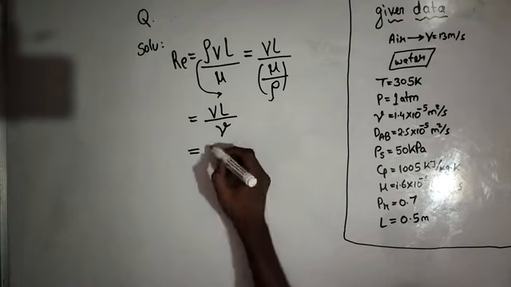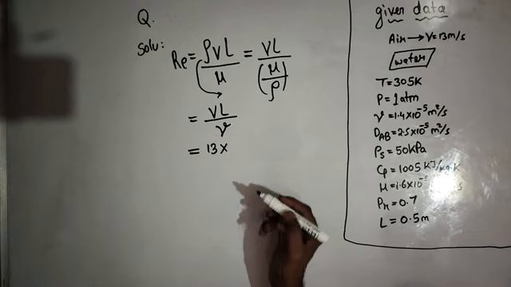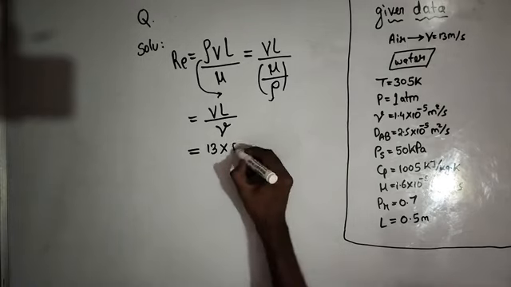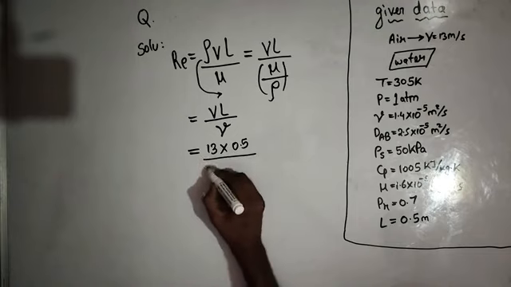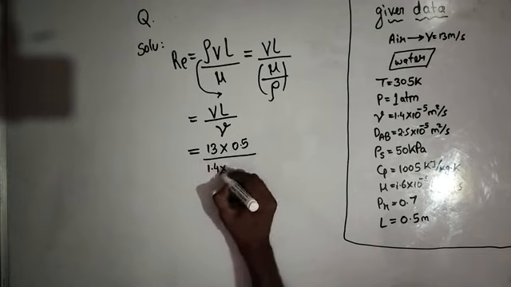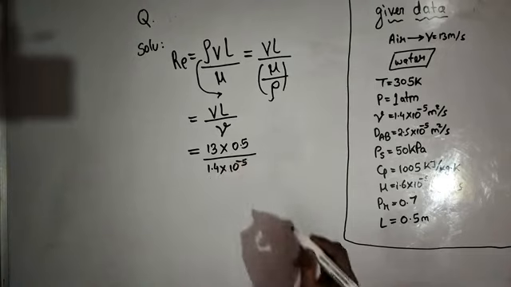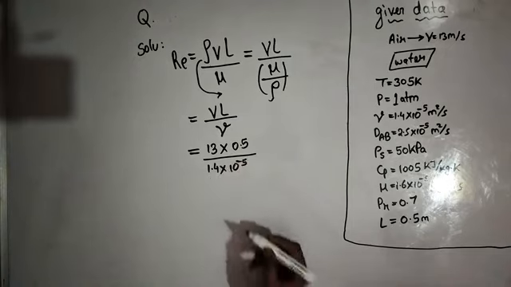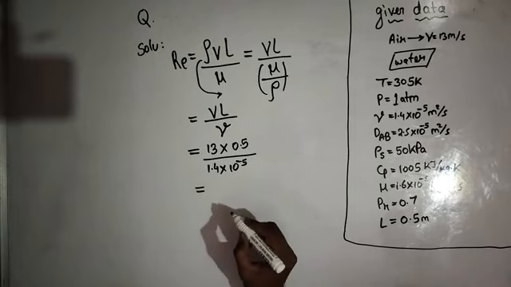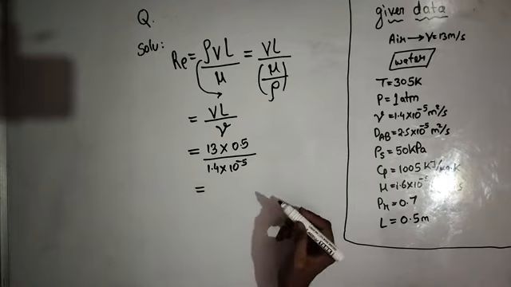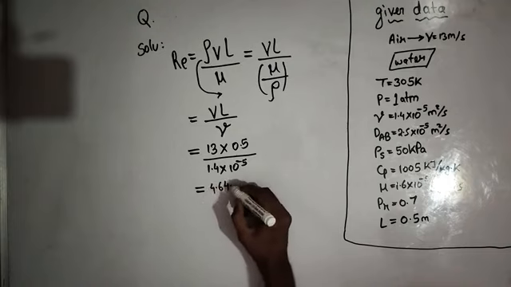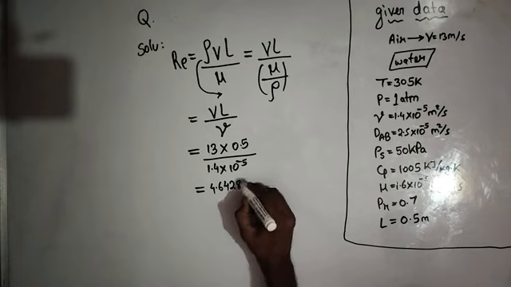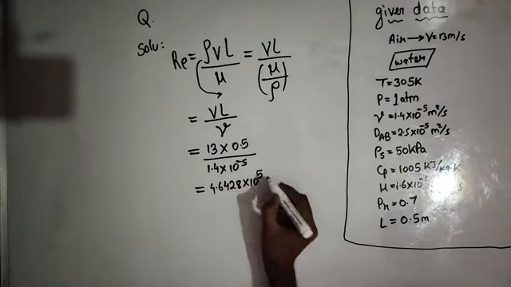From this, we will substitute the values of velocity, which is 13, and for length, which is 0.5 meter, and kinematic viscosity is given as 1.4 into 10 raised to power minus 5 meter square per second. So after solving this, we get the value of Reynolds number as 4.64628 into 10 raised to power 5.